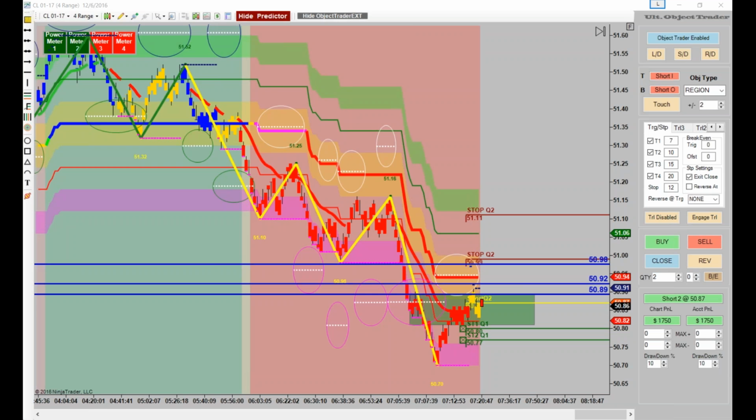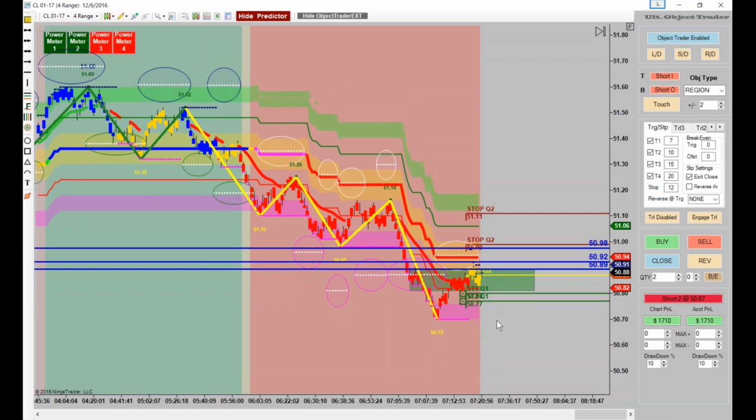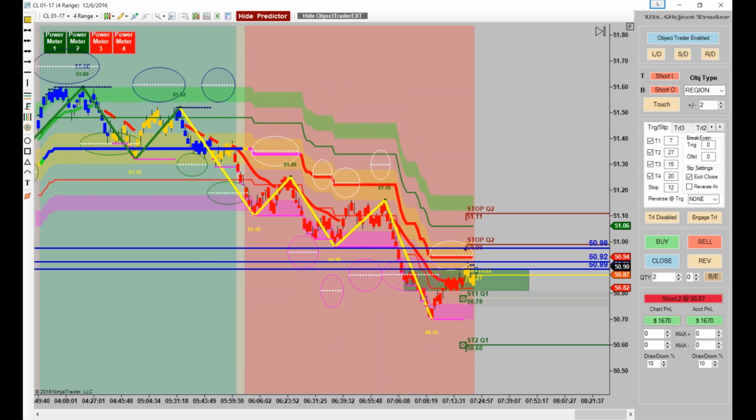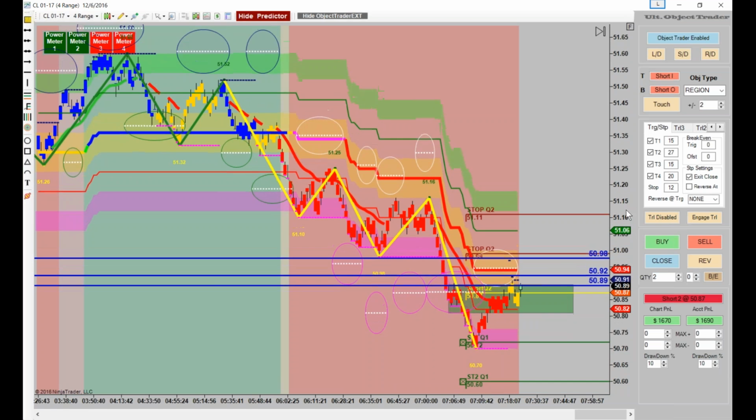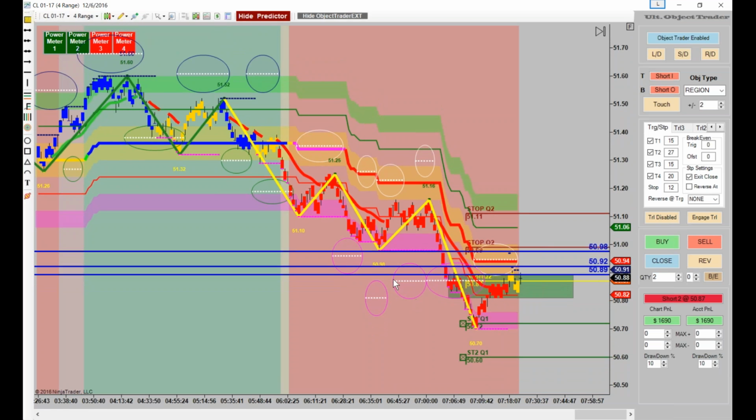All right, we got 2 contracts. Let's go ahead and put one of them at the bottom. That's where we need it to be, right? You got resistance right up here at 98, so I would think they would hit their head at 98, so I'm going to leave my stop there, exit on close.